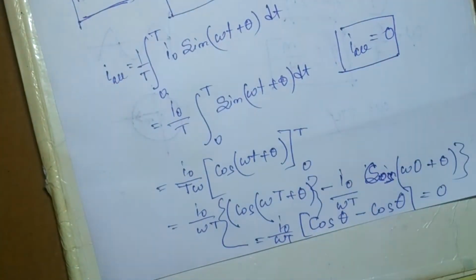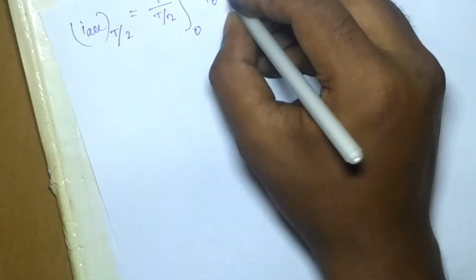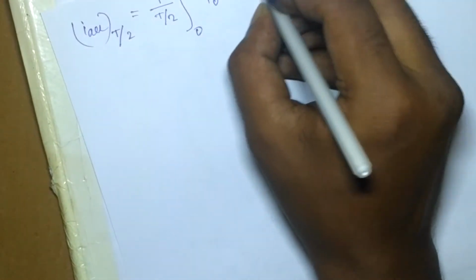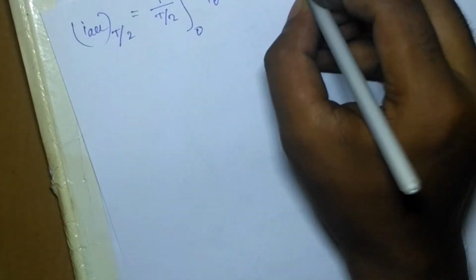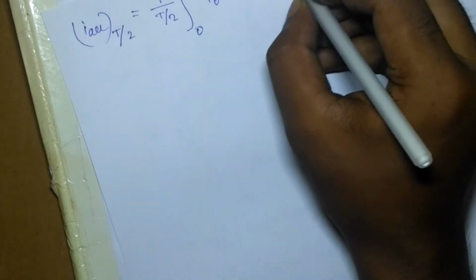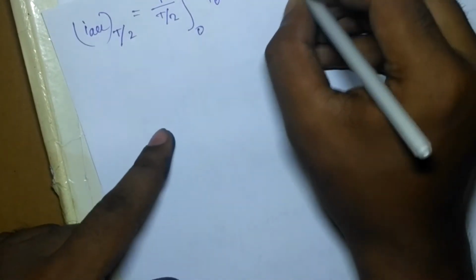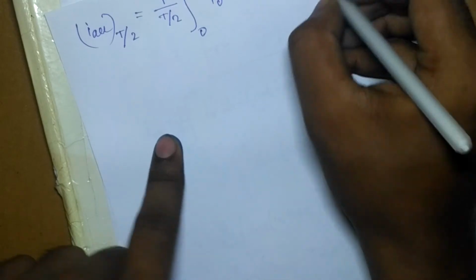So now we'll calculate the average value for half the time period. So it will be 1 by (T by 2), integral 0 to T by 2, I0 sin(omega t plus theta) dt.